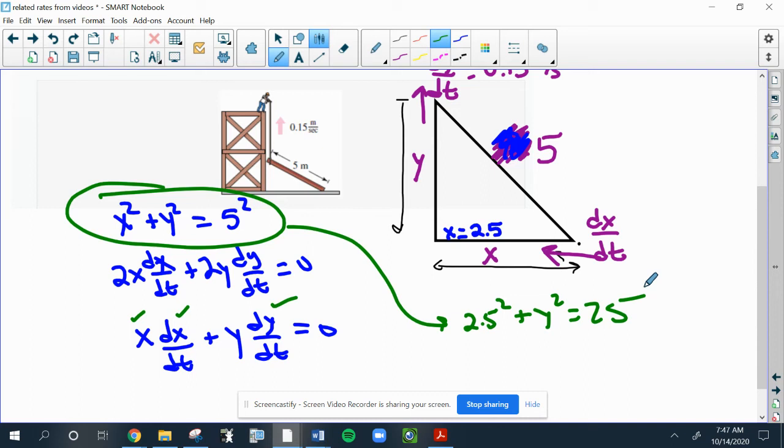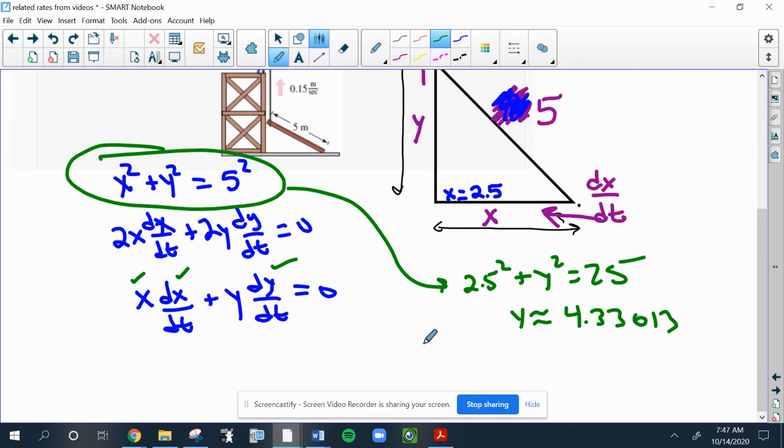Grab my calculator. We have 25 minus 2.5 squared. And we'll take the square root of that answer. And I'm getting approximately 4.33013. I'll keep it as many decimals as I can, just so my final answer is accurate.